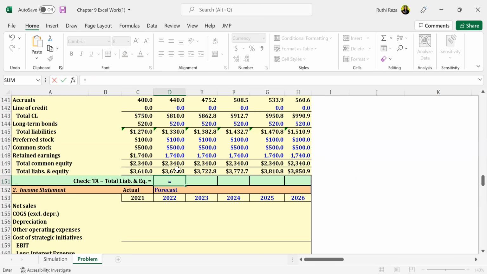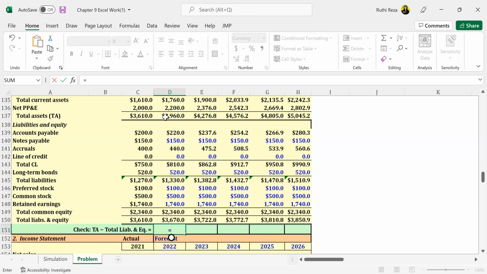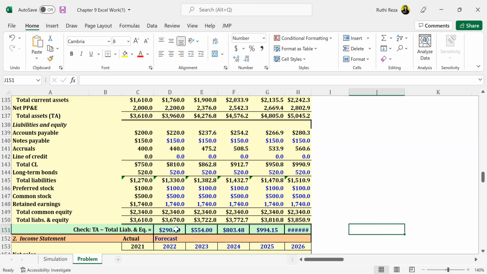Now let us check the difference between total assets and total liabilities for the forecasted years. Right.